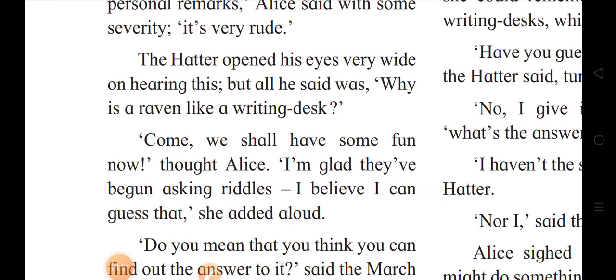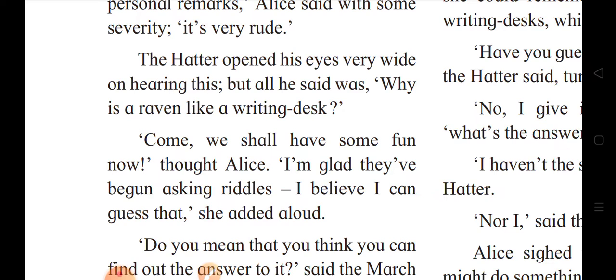A raven means a large bird like a crow, a very black crow, large in size. So with his eyes very wide open, he asks why a raven is like a writing desk. So why is that black crow looking like a writing desk?